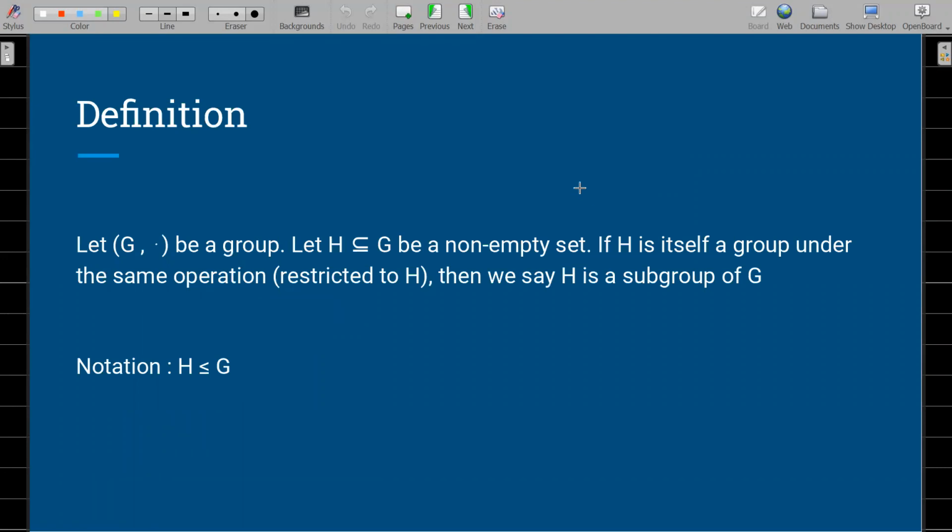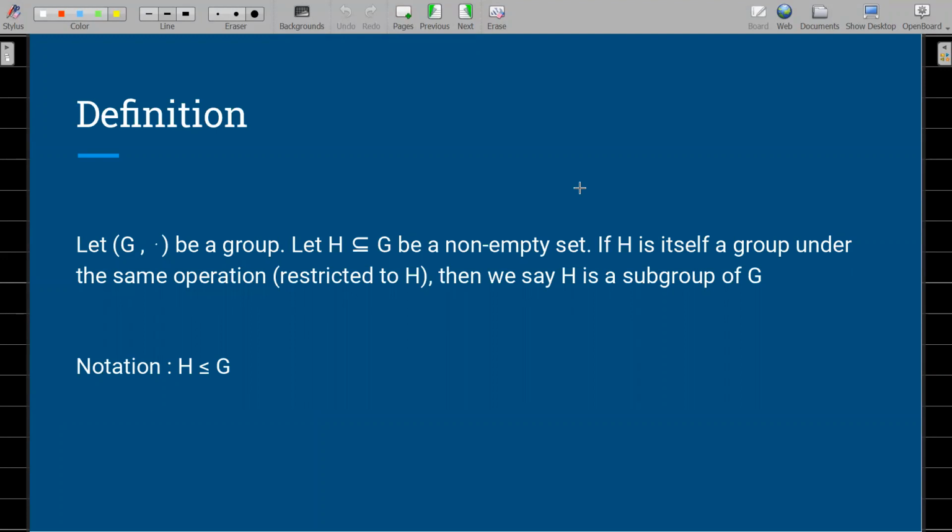Let G, dot. Now I'm using dot. Once we are used to the concept of group, every time there is no need to use star, etc. Generally, we use multiplicative notation. So let G, dot be a group. Let H, a subset of G, be a non-empty set.